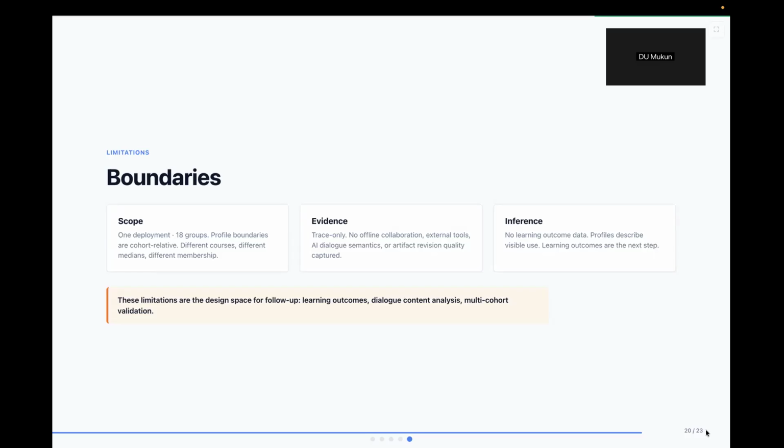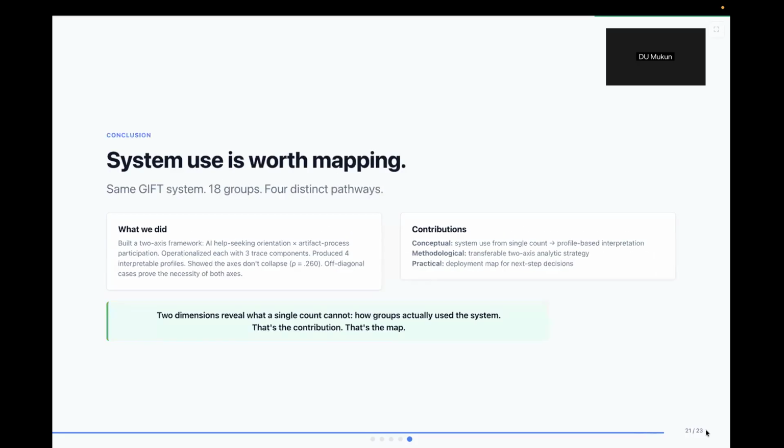And the last one is that we did not use the learning outcome data in this phase. We expect to do some analysis in the next step, but in this work, we stop at identifying different types of learning groups.